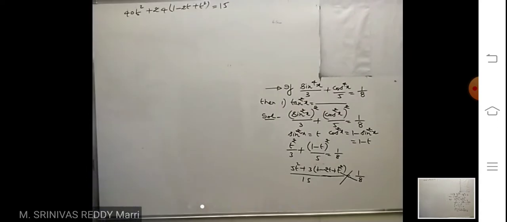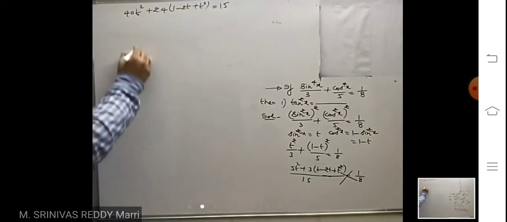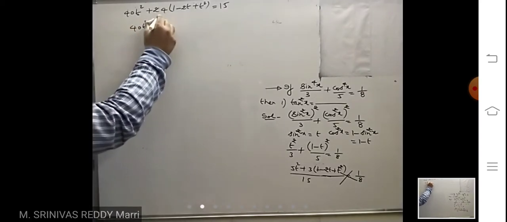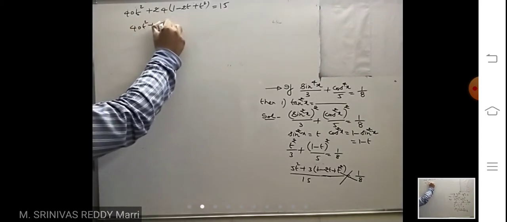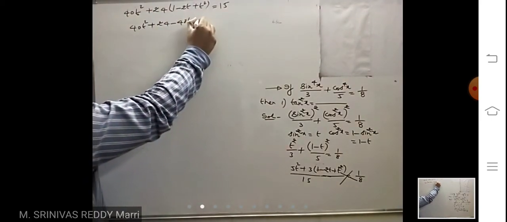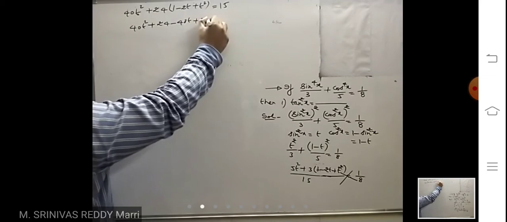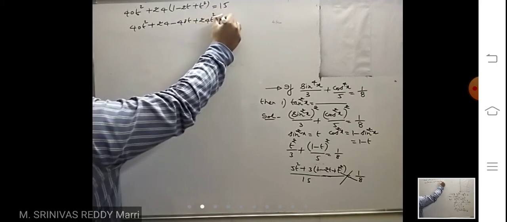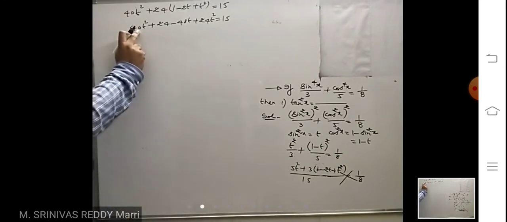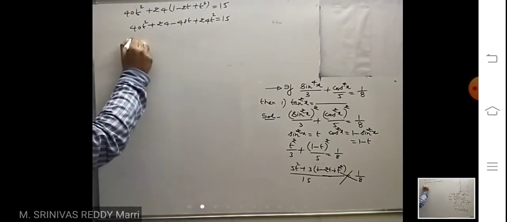Right? So now 40t square, and multiply with 24: 24 minus 48t plus 24t square equal to 15. Now look at 40t square plus 24t square.